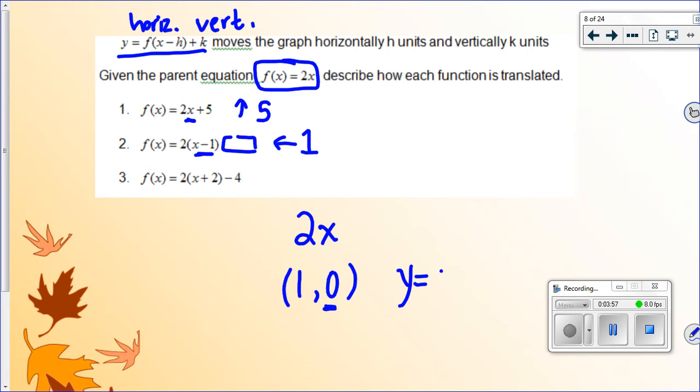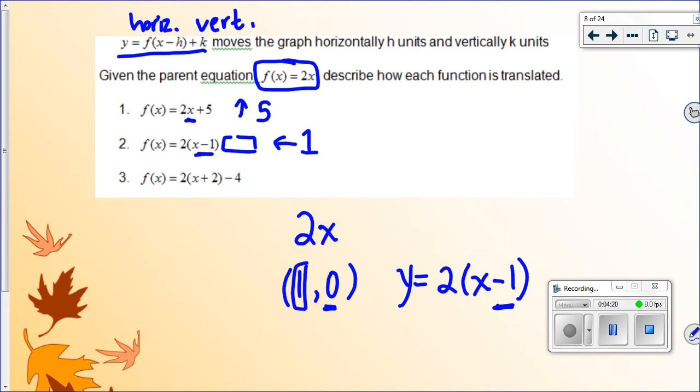But I'm going to use my slope of 2, right? Same slope, parallel lines. And then I'm going to say x minus x sub 1. Now x sub 1 is 1, so x minus 1. So notice here, this is a positive 1. And here I have minus 1.